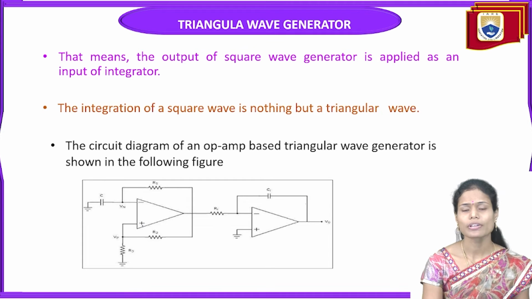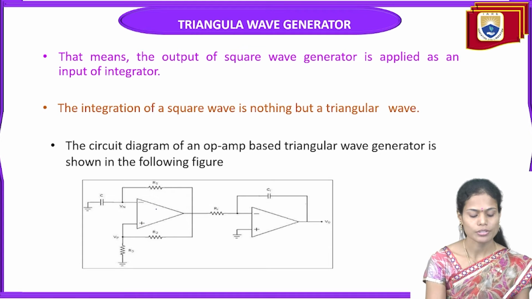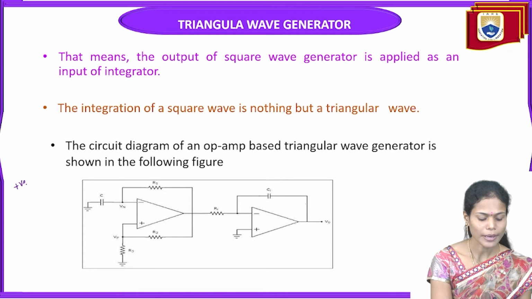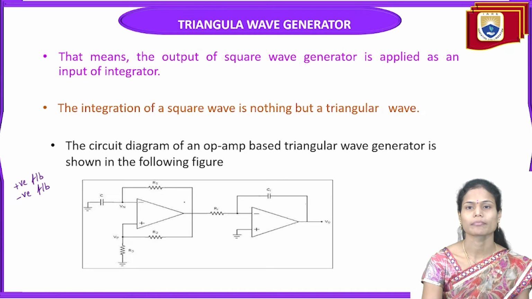To design the square wave generator using an operational amplifier, we have to utilize both positive feedback as well as negative feedback.